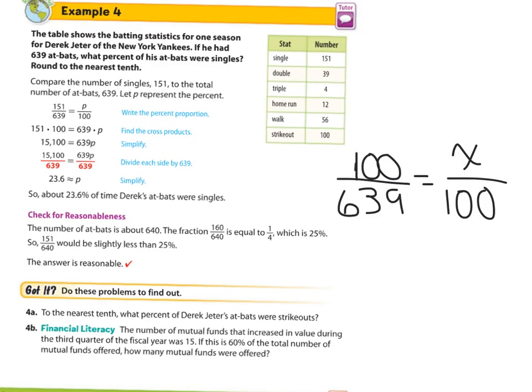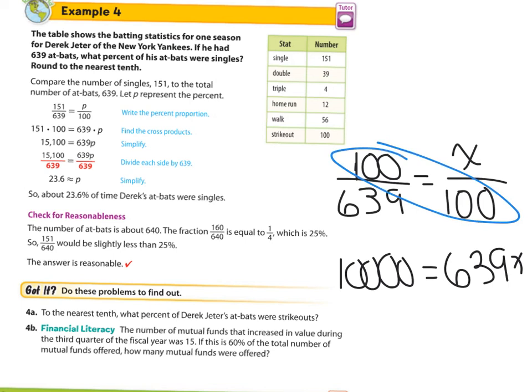So the equation would look like this, where you have 100 strikeouts out of 639 at bats. And if we wanted to convert that to per 100 or percent, we would write it x over 100. So we can do cross product. We multiply this way and we multiply this way, and when you multiply 100 times 100, you get 10,000. And 639 times x, you get 639x.